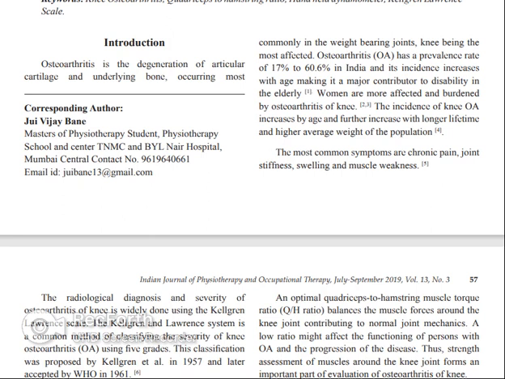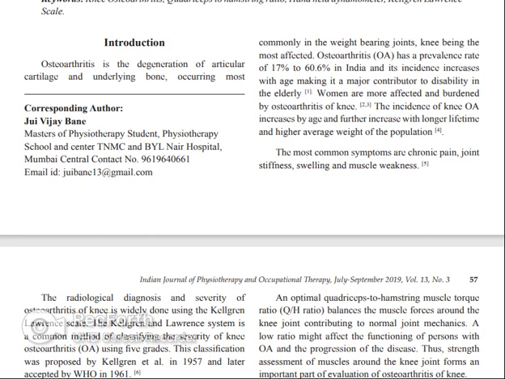Osteoarthritis is a degeneration of articular cartilage and underlying bone, occurring most commonly in the weight-bearing joints, knee being the most affected. Osteoarthritis has a prevalence rate of 17% to 60.6% in India, and its incidence increases with age, making it a major contributor to disability in the elderly.